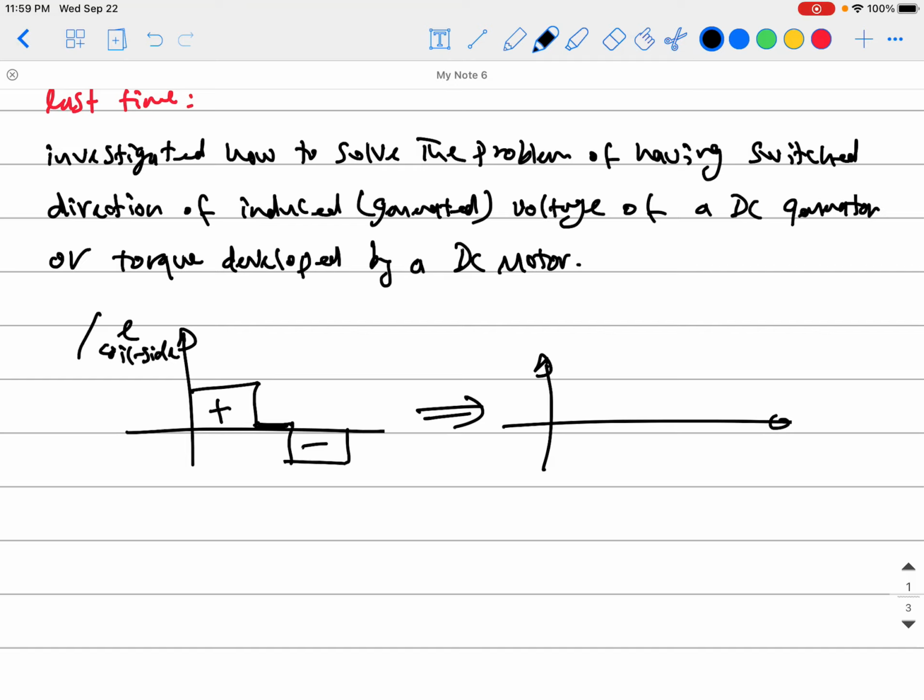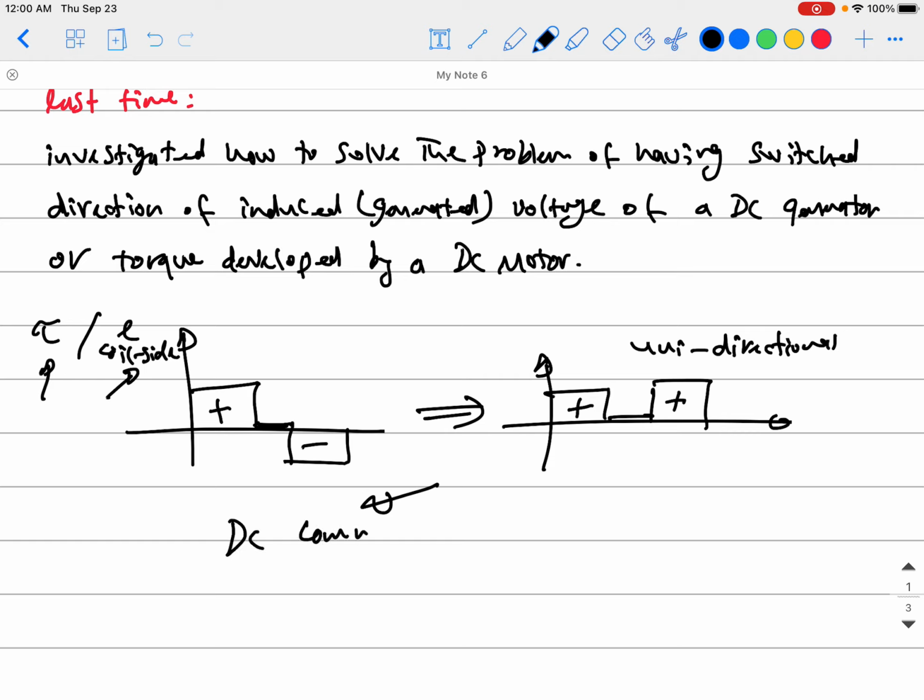That was the E of a coil side, or also the torque generated by a coil side, whatever you're talking about. If it is a generator, we're talking about the E in the coil side. If it is a motor, we're talking about a torque. So we just made it like that. It's all the time positive or all the time negative, whatever it is, but it's unidirectional. That's what we called DC commutation.